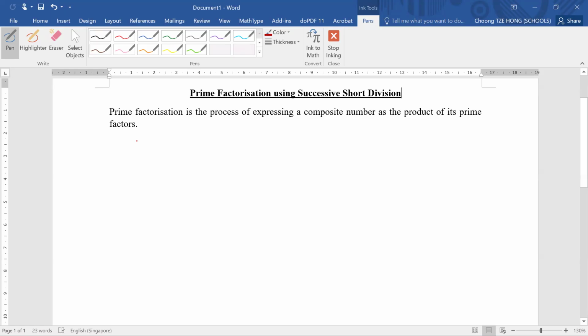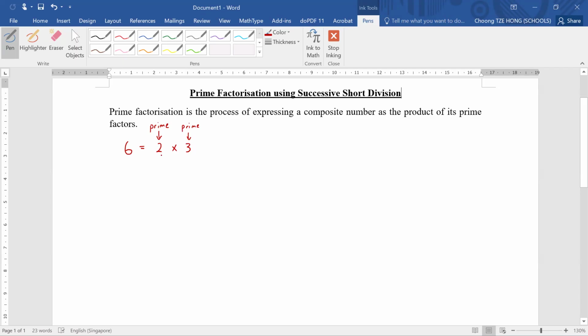Let me use a simple number like 6 to illustrate this. We can express 6 as 2 times 3, right? 6 itself is not a prime number, but once we express it as 2 times 3, it's now expressed as the product of its prime factors, because 2 is a prime number and 3 is also a prime number.